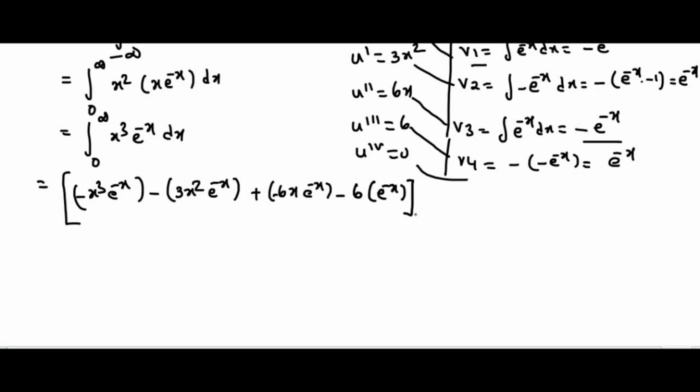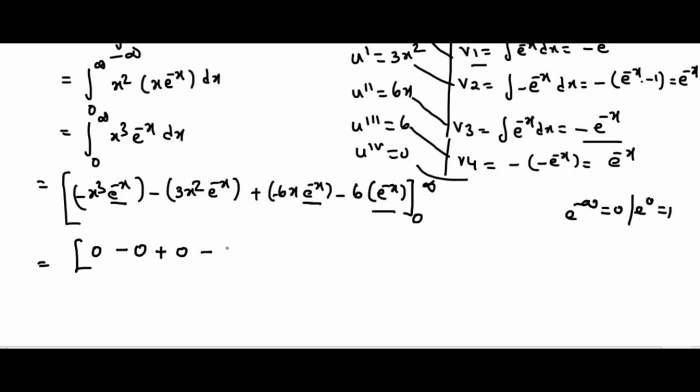Substitute wherever x equal to 0 to infinity. Now substitute the upper limit. E power minus infinity is 0, so if we substitute the upper limit here, you get 0. Here also e power minus infinity gives 0. Then here also e power minus infinity is 0, and here also.